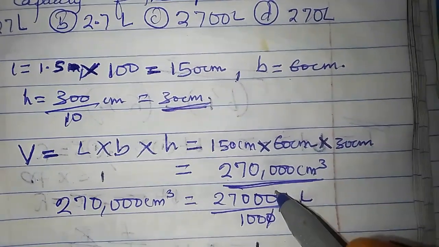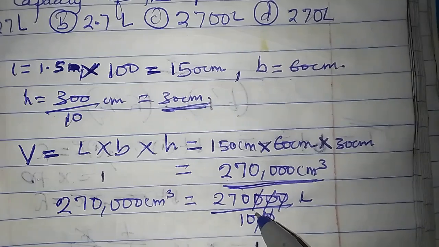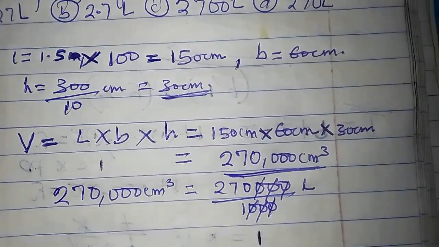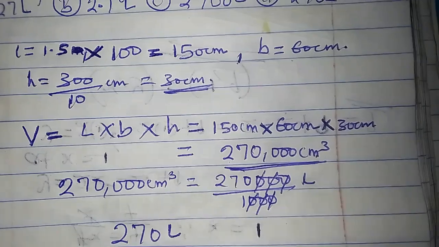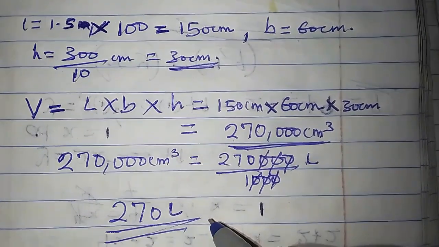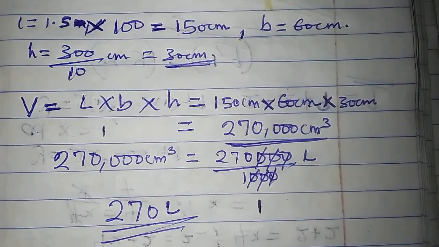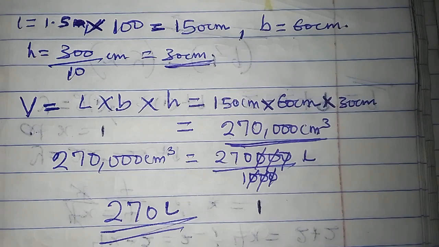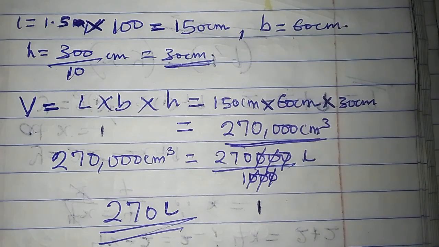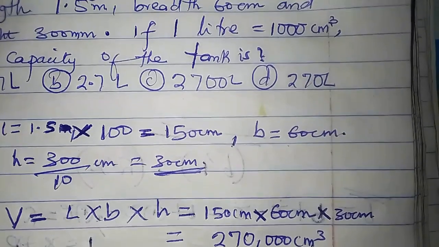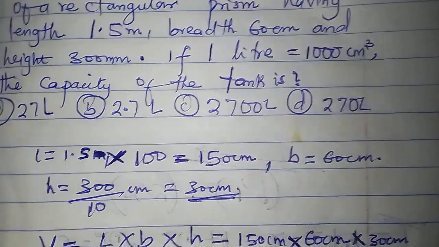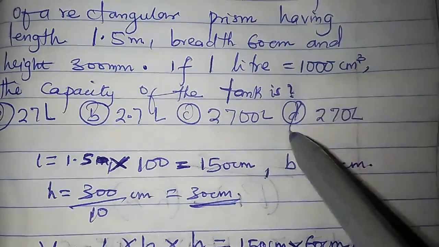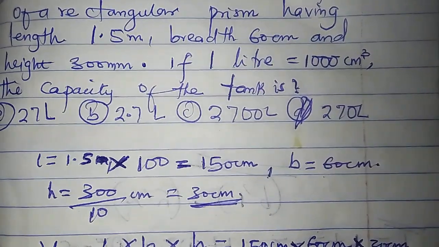The zeros cancel, and what I have now is 270 liters. That means 270,000 centimeter cube is equivalent to 270 liters, and that is the capacity or the volume of the tank. Good. So our answer can be found in option D, 270 liters.